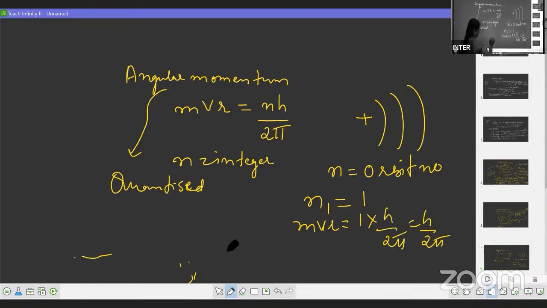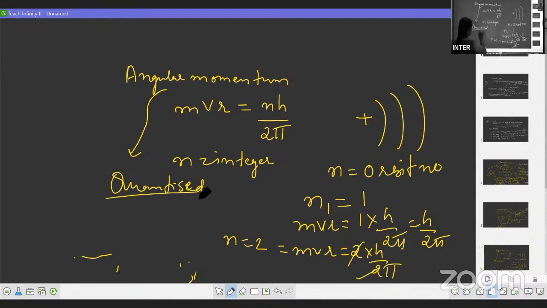Suppose the electron is in the second orbit, mvr is equal to 2 into h by 2 pi, so the 2 gets cancelled, giving h by 2 pi. So for each particular orbit, you have a particular angular momentum. That is the reason the angular momentum is quantized. This is also an important point.